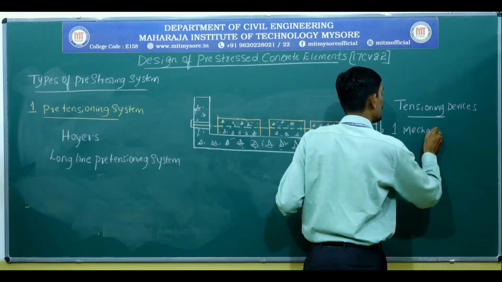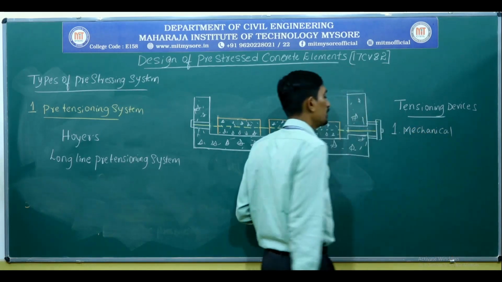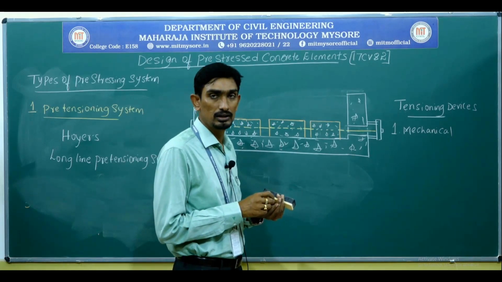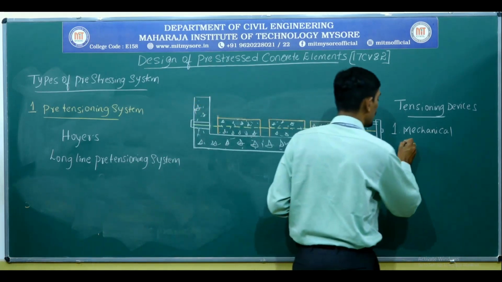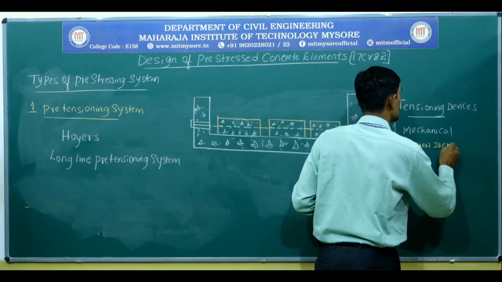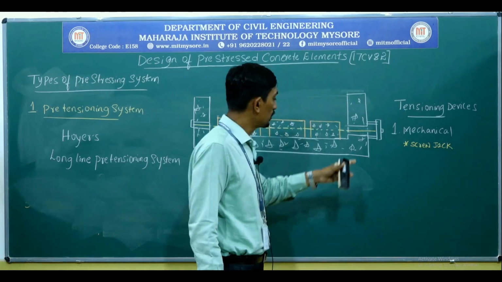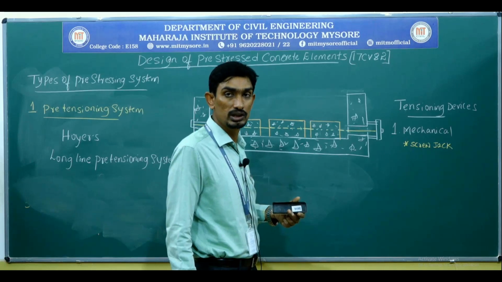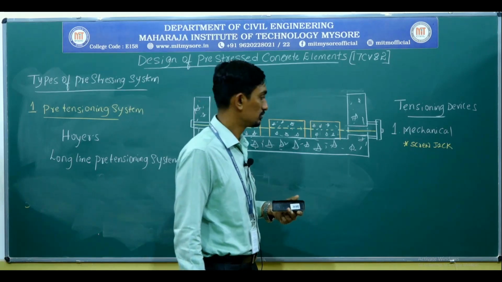mechanical tensioning device. The mechanical tensioning devices will be done through various things. Number one, with the help of a screw jack. Whatever has been done here is the screw jack method, through which the jacking will be done.